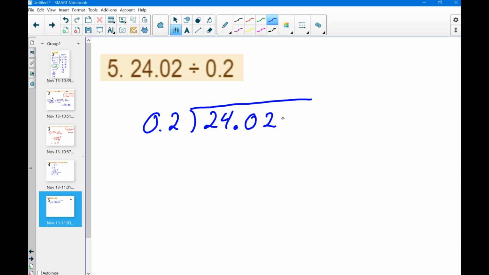It looks really confusing at first, but what I'm going to do is change this a little bit. Take the decimal here and move it over. If I move the decimal there, this one moves over here too. So it's going to look like this, and I'm going to have a decimal up here now. So my new division is going to look like this.